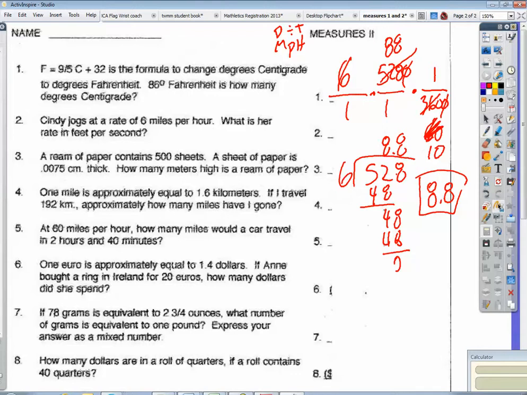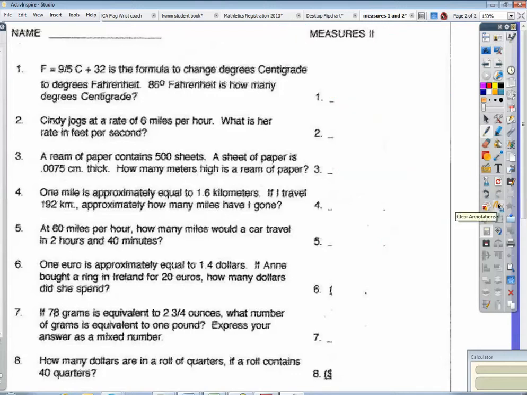All right. So a ream of paper contains 500 sheets. A sheet of paper is 0.0075 centimeters thick. Not very thick. How many meters high is a ream of paper? All right, so first things first. Let's go ahead and multiply 500 times 0.0075.